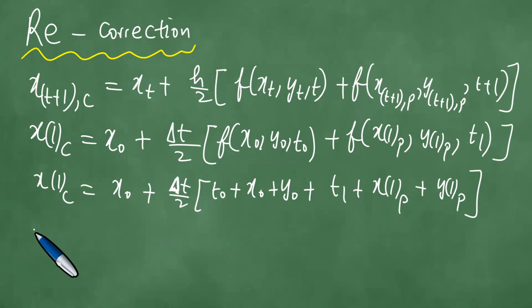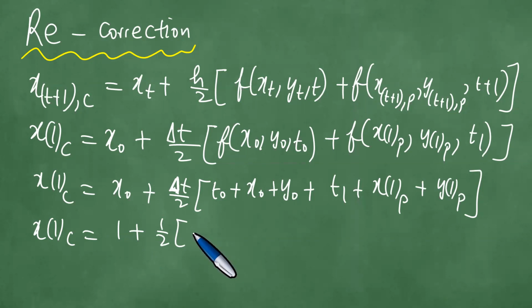Okay, let's substitute, which means x1c is x0. x0 is 1. Delta t is 1 out of 2. t0 is 0. x0 is 1. y0 is 0. t1 is 1.